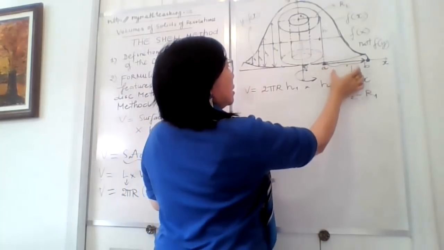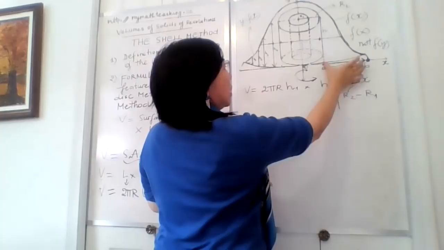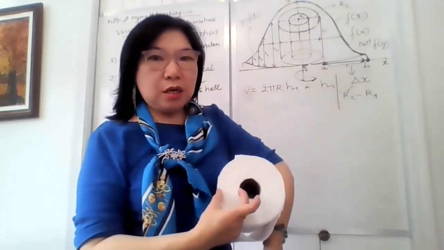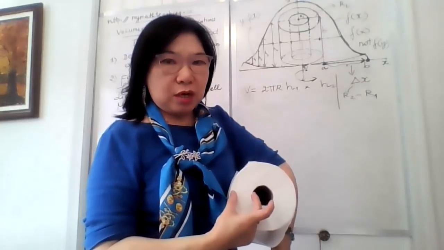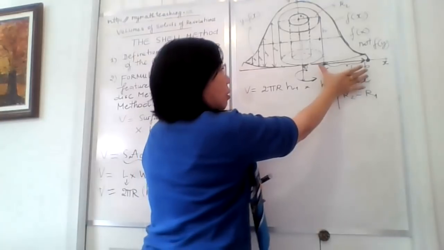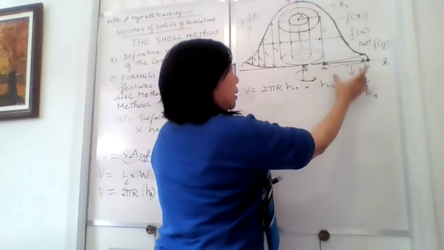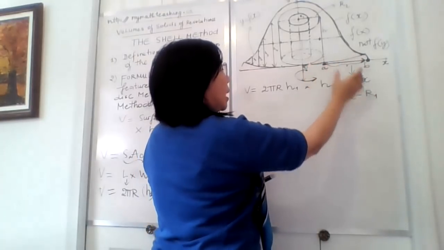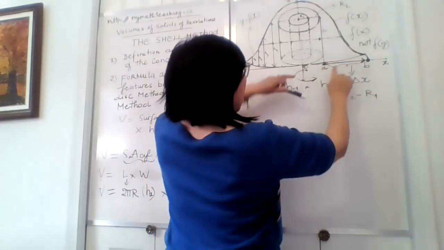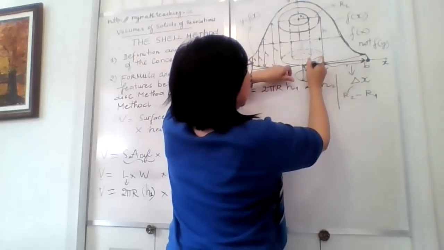So delta x here is actually the thickness of the shell, from here to here, the thickness of the shell, right? And the thickness of the shell here is along the axis, and that can be calculated by the difference R2 minus R1. And you can see that obviously, right, from here.